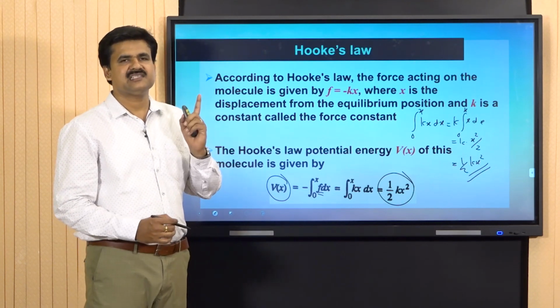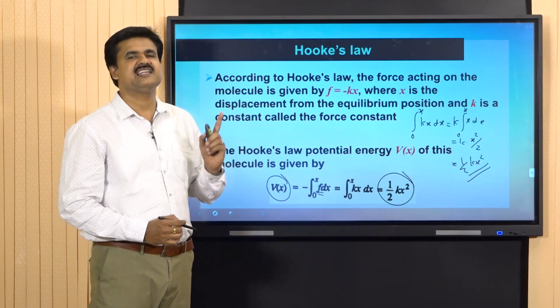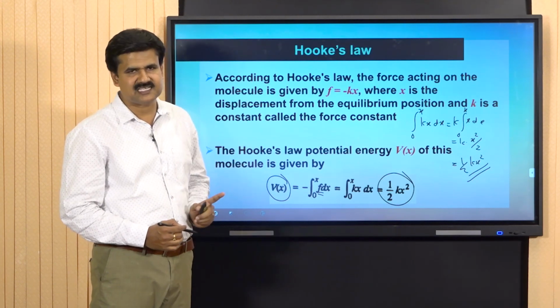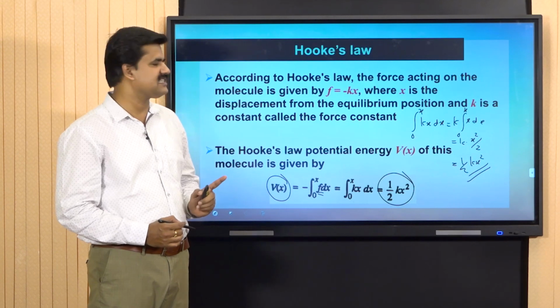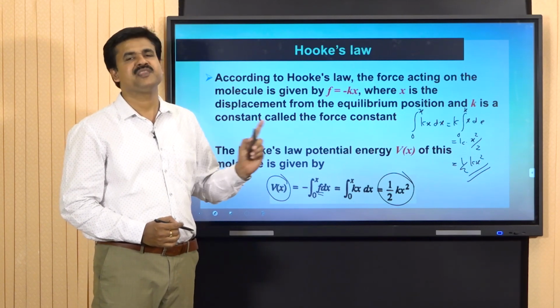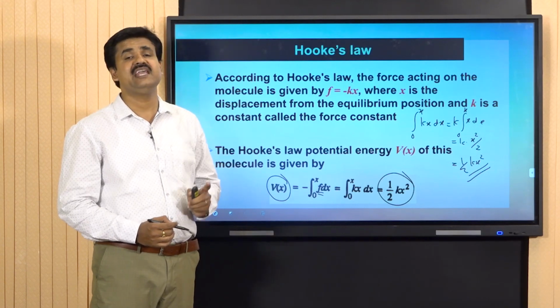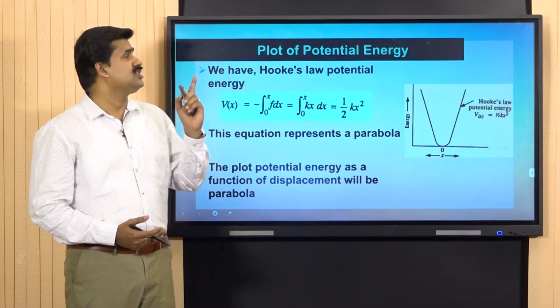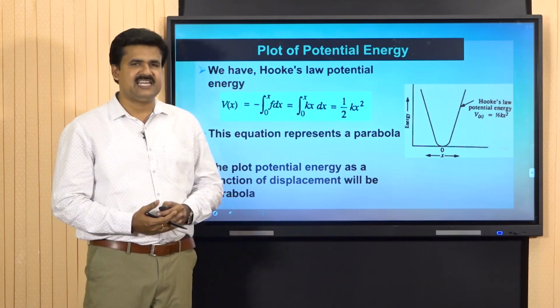Thus, a simple harmonic oscillator, that is a diatomic molecule which can be considered as a simple harmonic oscillator, has potential energy V(x) equal to half Kx square if it executes only harmonic motion. Now, the plot of potential energy.